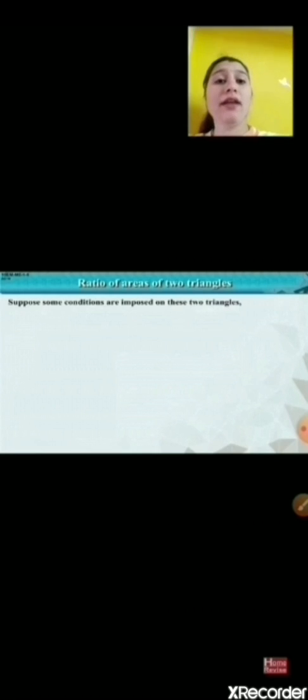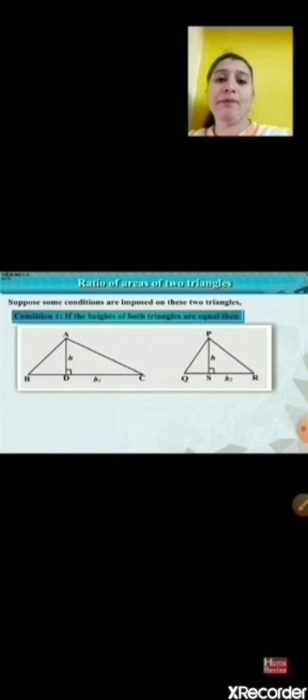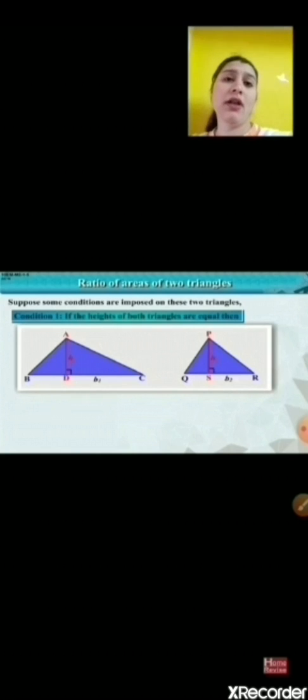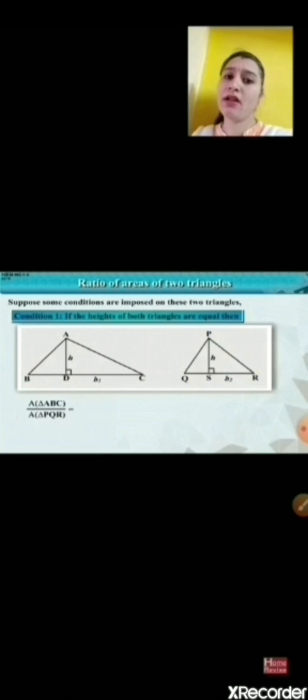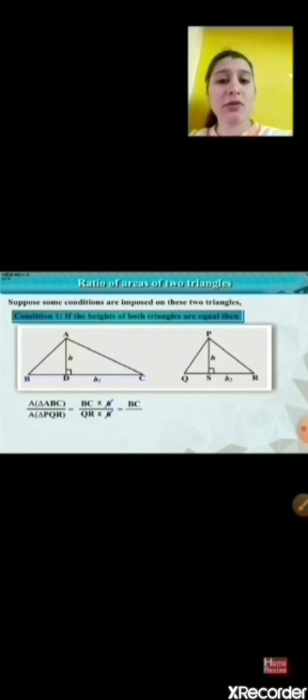Let me take another condition imposed on two triangles. First condition: when the heights of both triangles are equal, then what will we do? Let me first take area of triangle ABC and area of triangle PQR. Taking area as base into height, BC into height, QR into height. Height and height are common, so they will be cancelled.